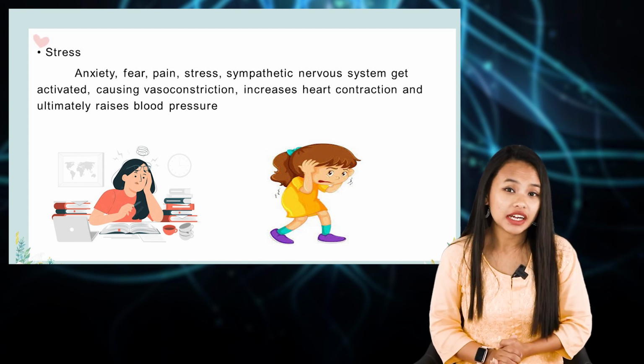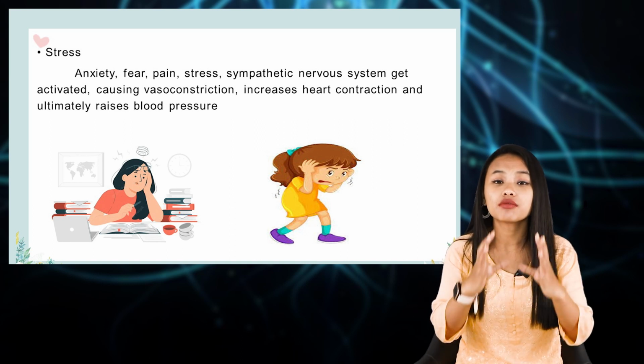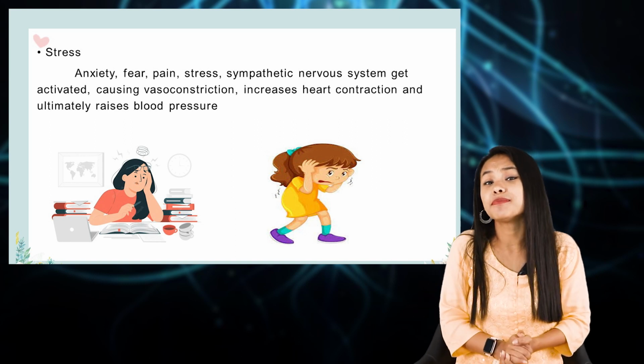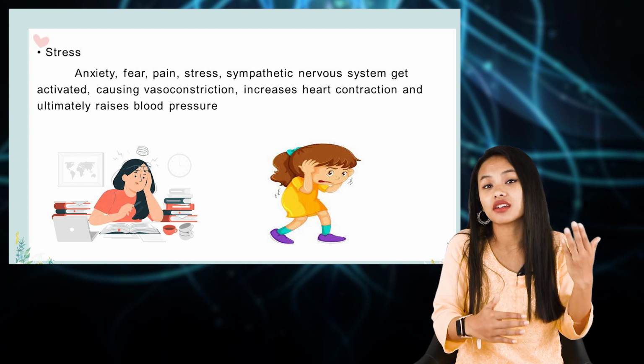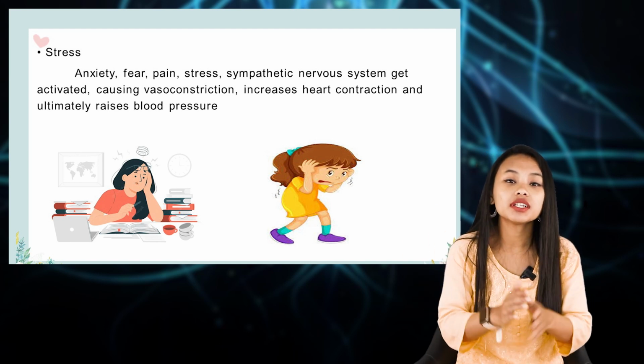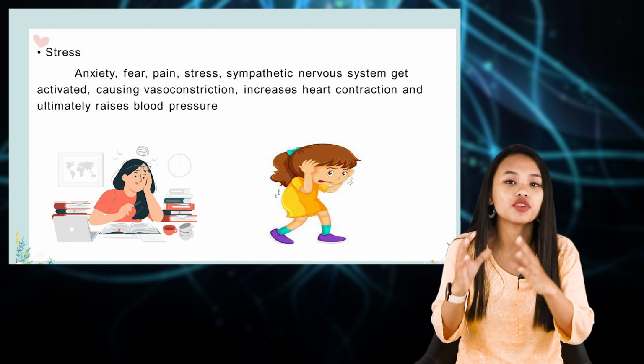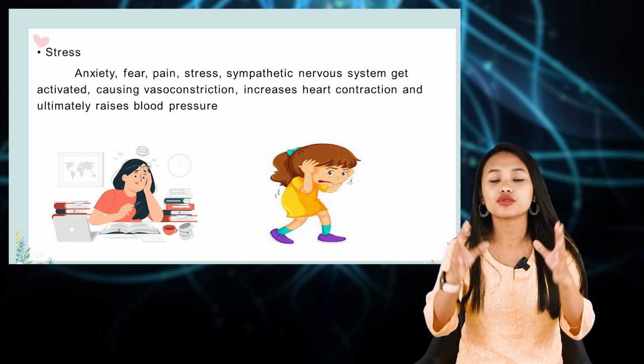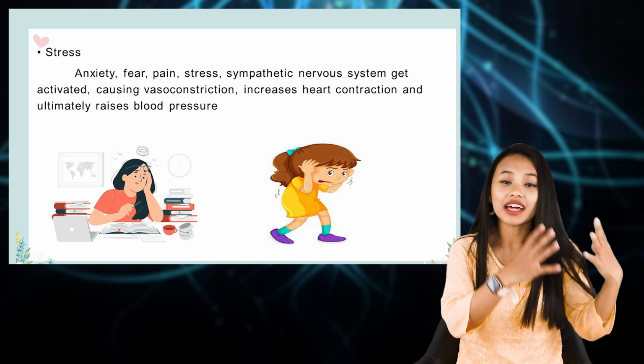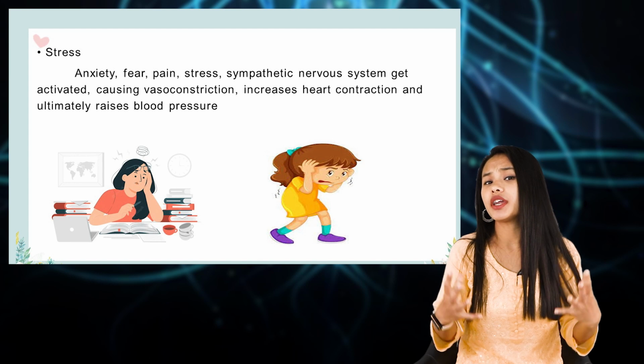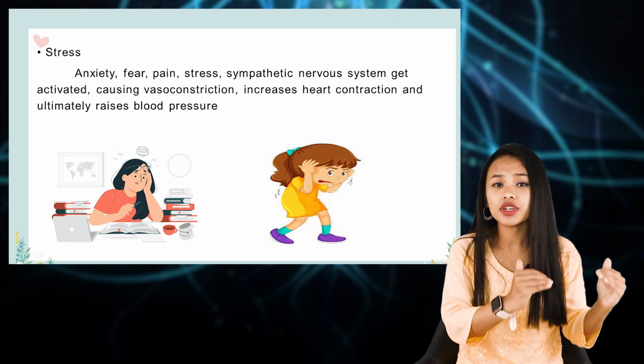And because of this vasoconstriction, it will lead to an increase in the heart contraction. And because of this increase in the heart contraction, this would ultimately lead to an increased blood pressure of an individual.